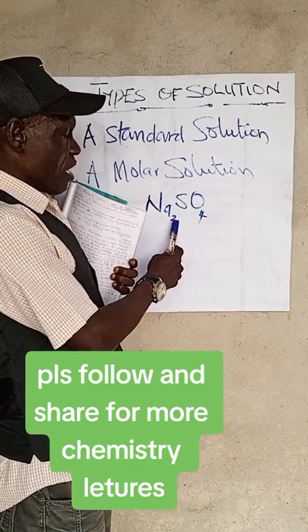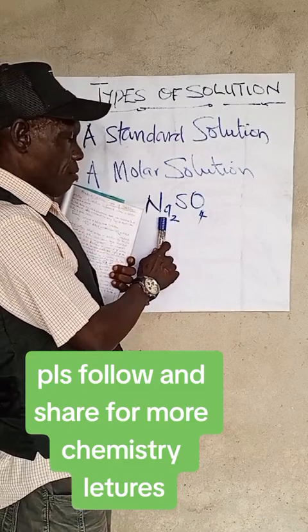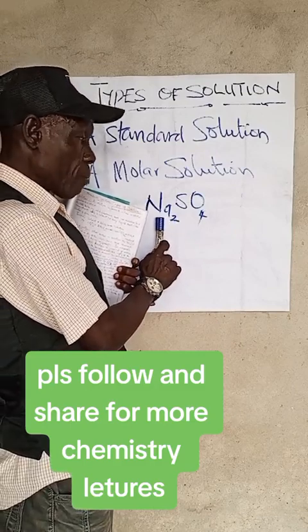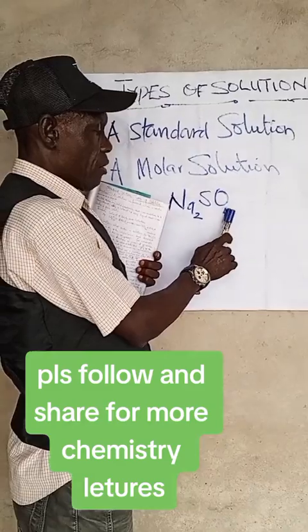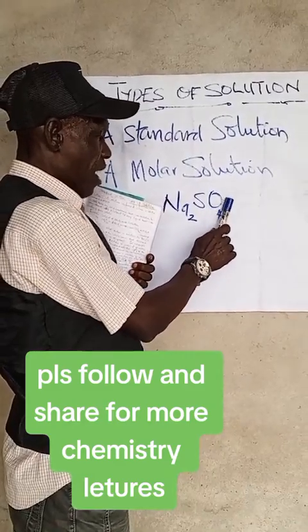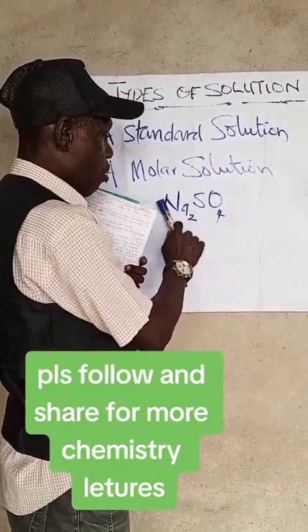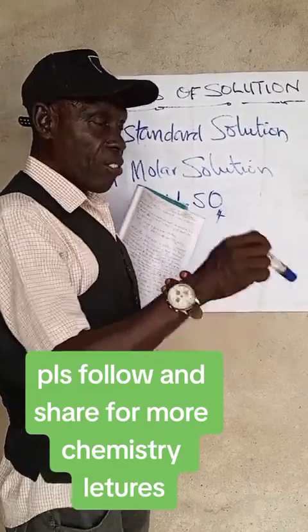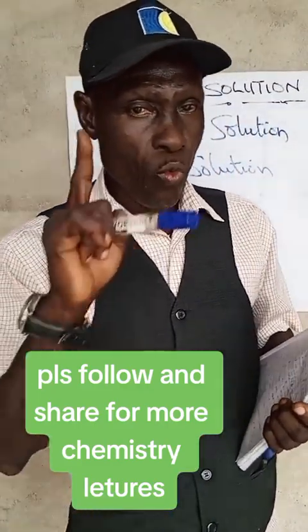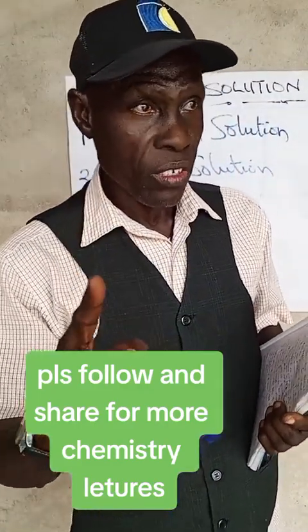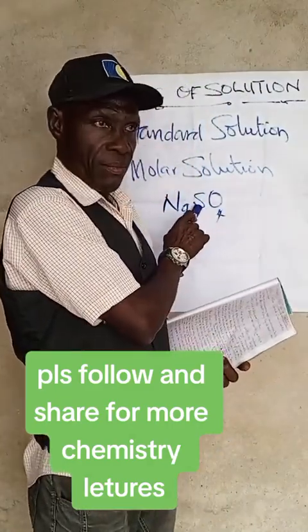If you calculate the molecular mass of the 2 atoms of sodium, the atom of sulfur, then the 4 atoms of oxygen, if you add all the masses of all the atoms here and you dissolve it in 1 liter of water, that gives you 1 molar solution of this substance.